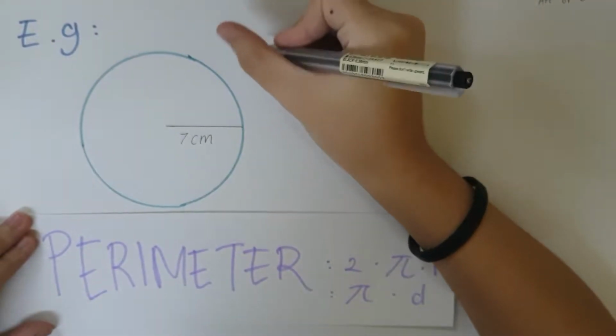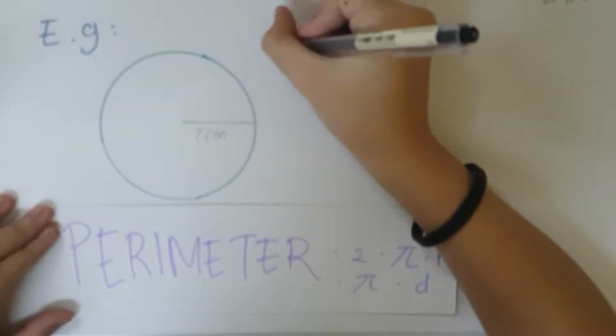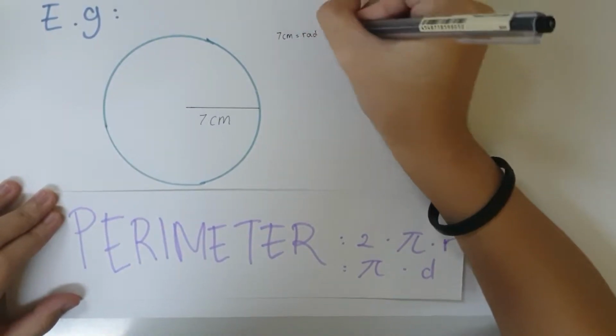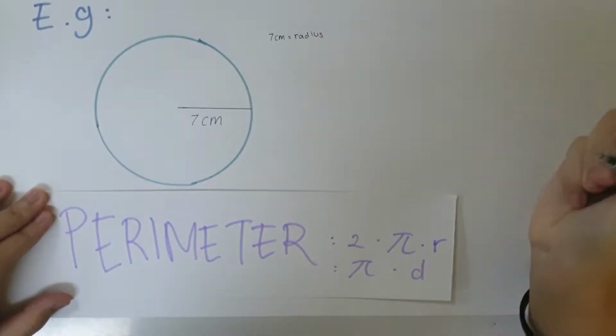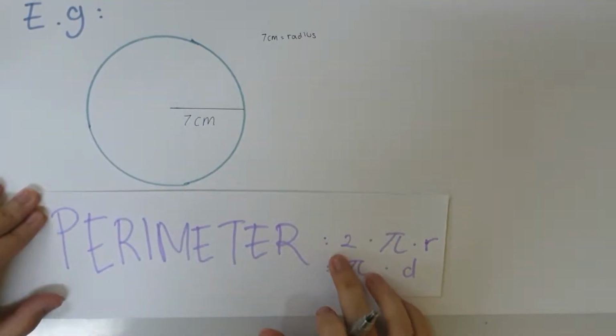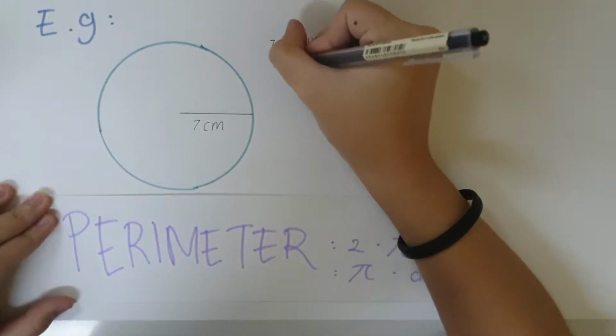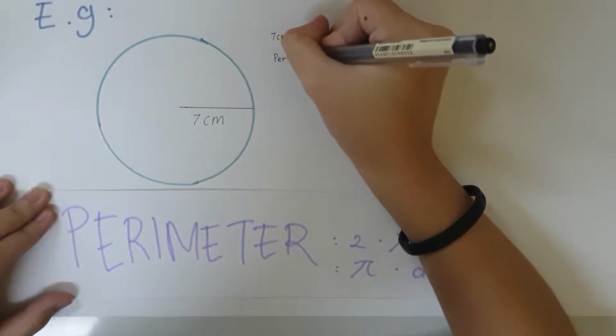So this is going to be our first example for the basics of a circle to find the perimeter. As you can see in here, the radius is 7 centimeters and the diameter is not given. So we use 2 pi r for the formula.